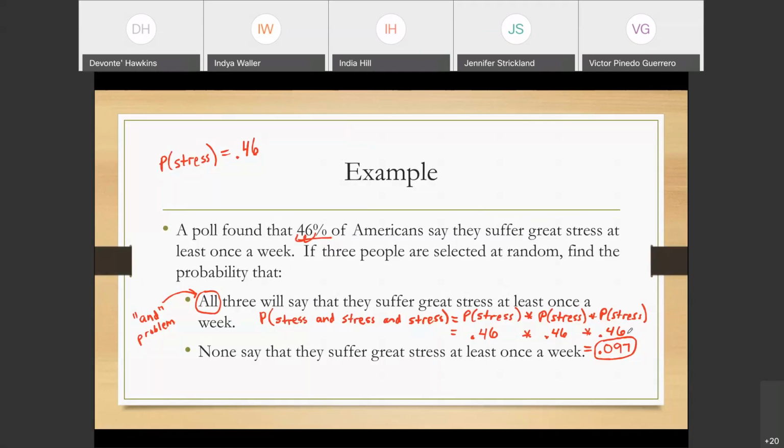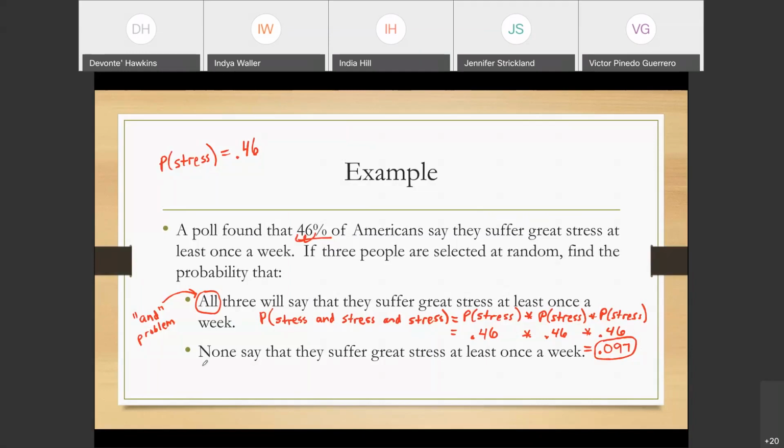Okay, so let's look at the second one. It says we want the probability that none say they are suffering great stress at least once a week. So we're still dealing with 3 people.